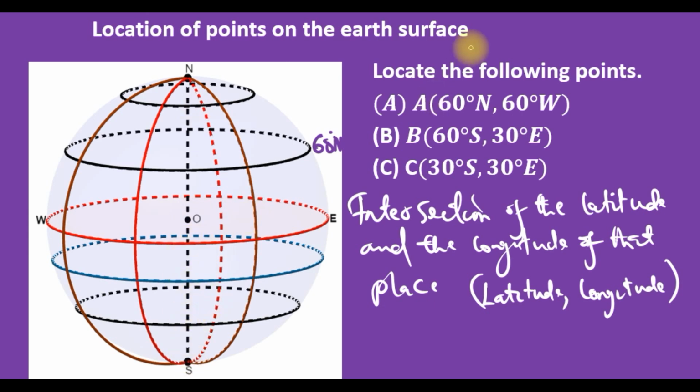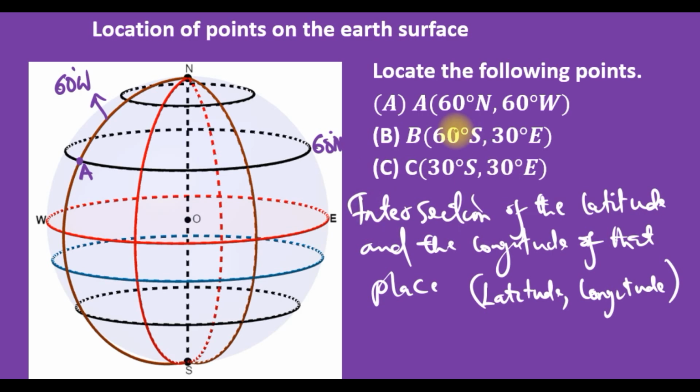Down here is south. Now 60 west. So look at west. Let me take this as 60 west. So that's it. The point of intersection, this is our latitude 60. So this is my point. So this is point A, the point of intersection of 60 north and 60 west.